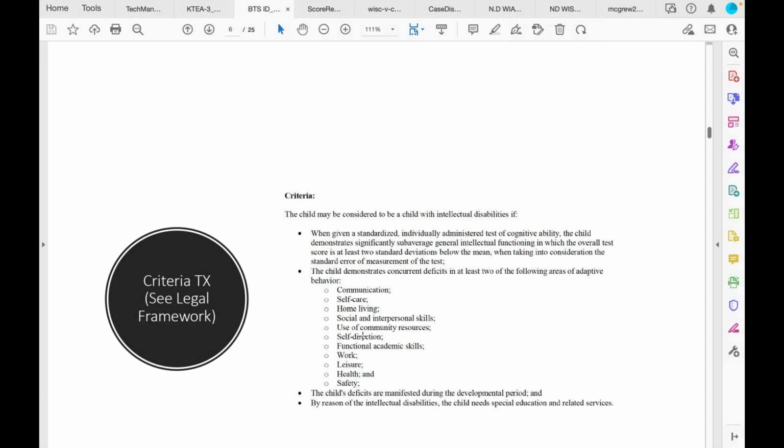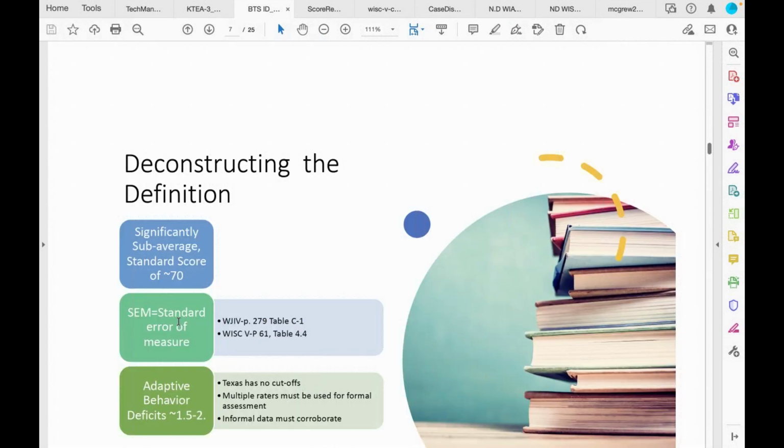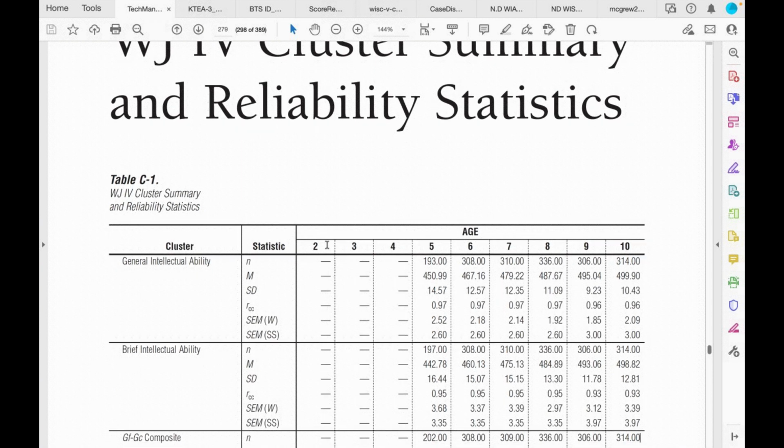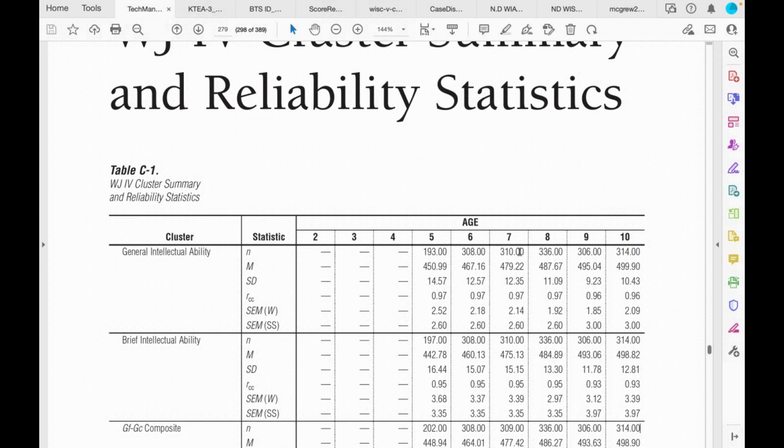We have a lot of kids who we will test for a learning disability, and they're going to have a global score or a full scale IQ score that is significantly sub-average, 70, 71, 68. And what happens is that will trigger maybe this kid's got ID. And we're just discovering and considering ID after the fact because of that.